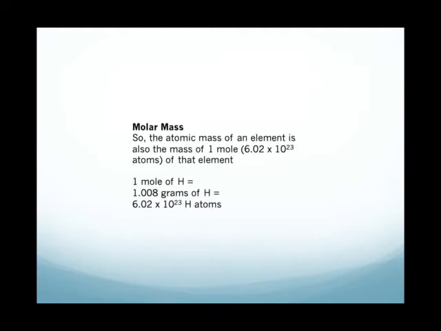Molar mass is defined as the atomic mass of an element, which is also the mass of 1 mole of that element. For example, 1 mole of hydrogen is equal to 1.008 grams of hydrogen, which is equal to 6.02 × 10^23 hydrogen atoms.